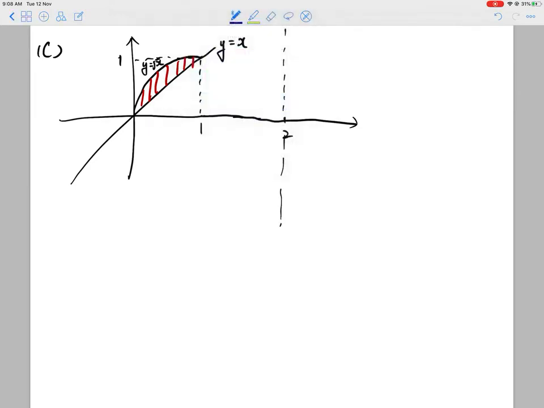So as you can imagine, if each y is given, we revolve it around x equals 2. So what should you get?